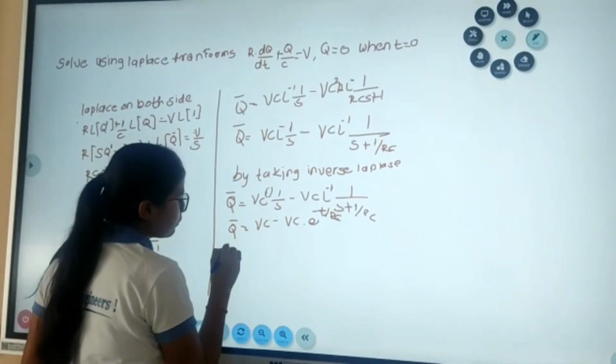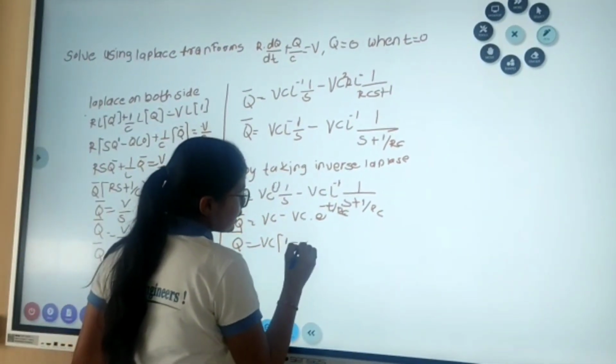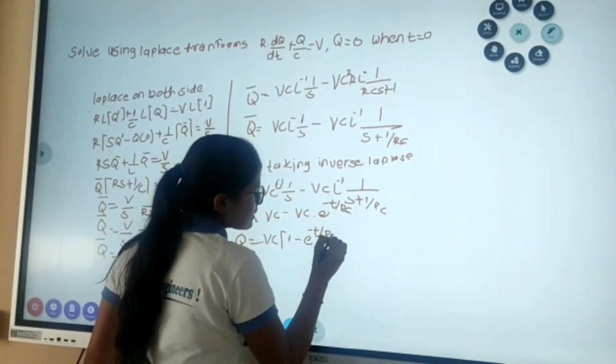In this, we will common out the VC. Therefore, Q is equal to VC into (1 minus e raised to minus t upon RC).